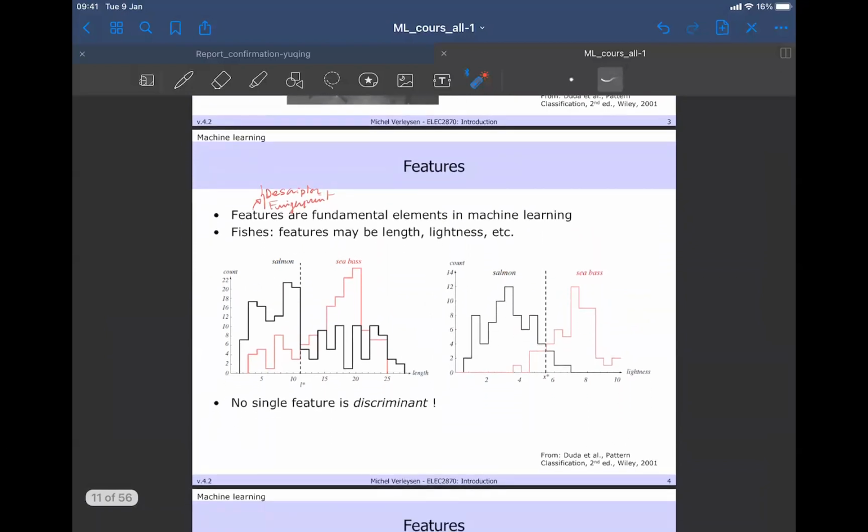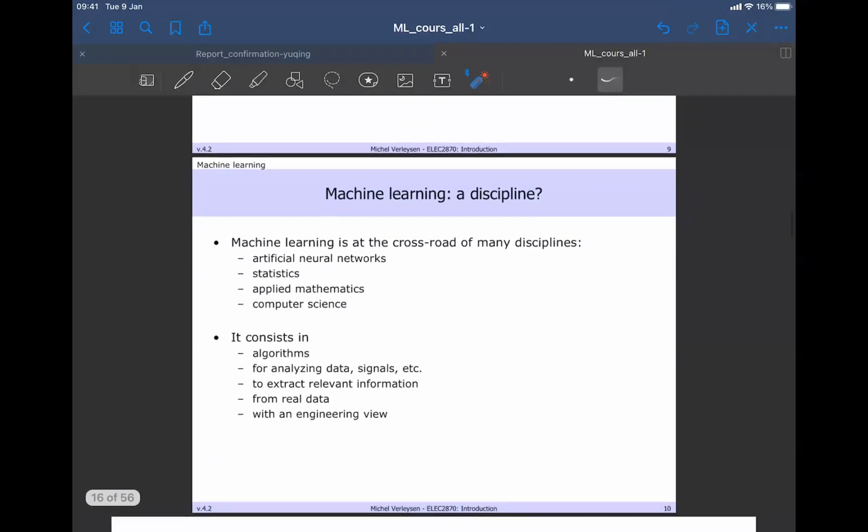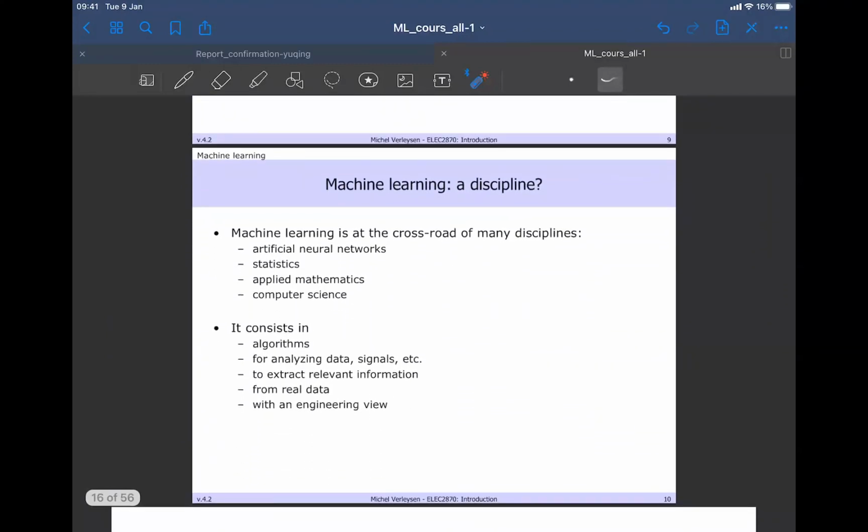So based on simple models, which we will develop just after in the next chapter, you will have some set of rules, and then we will code.